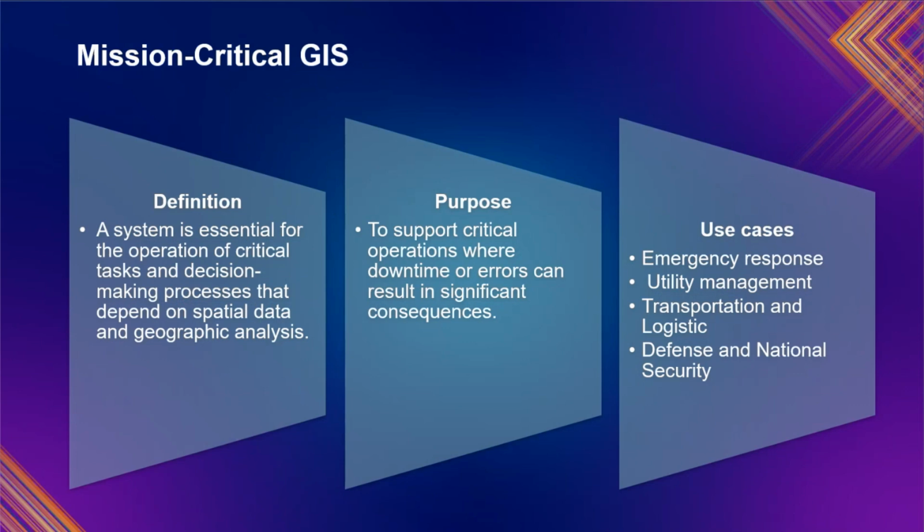So before going further, what is actually mission critical? For any company or organization, it is any system which is very crucial, where the company cannot survive even a single downtime of that system. For example, emergency response, such as the fire brigade or ambulance services. If the system is down, it will have a severe impact on humans, the end users.